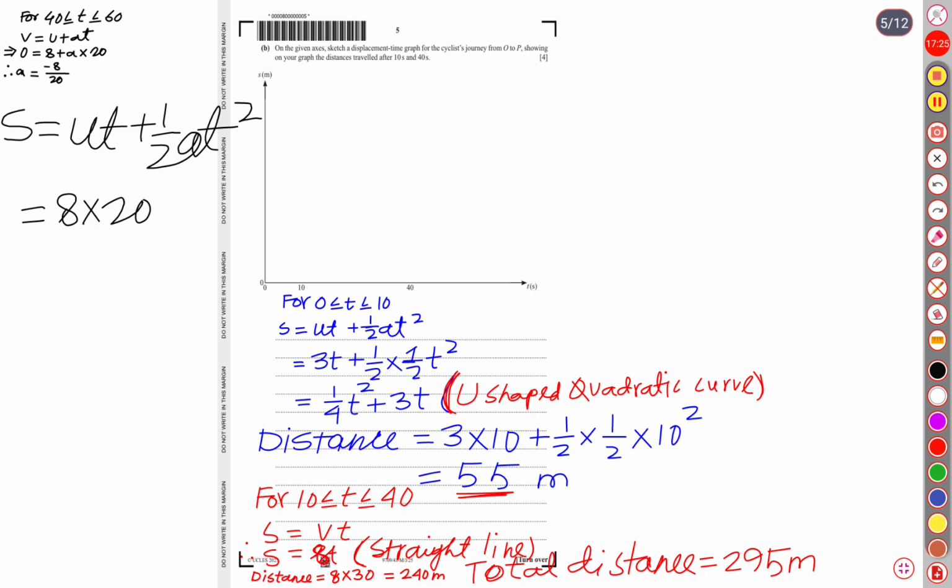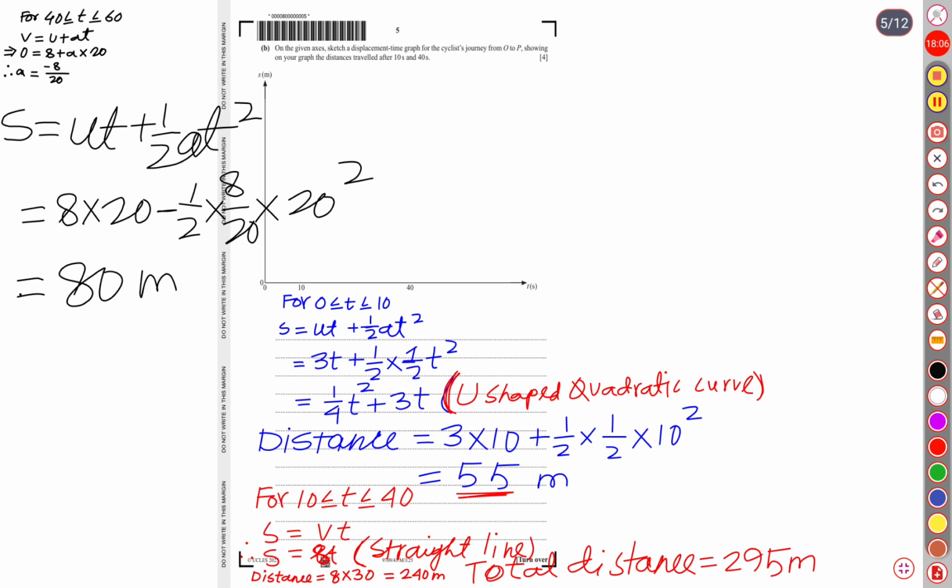Our a is having negative value, so minus half of acceleration was negative 8 over 20, and our time was 20 squared. So how much is it going to be? For the final phase it was 160, and 400 divided by 40 is 10. So 160 minus 80, it is going to be 80 meter.